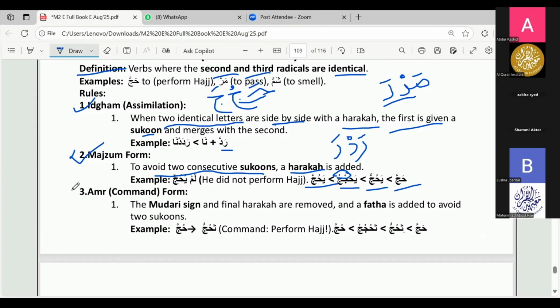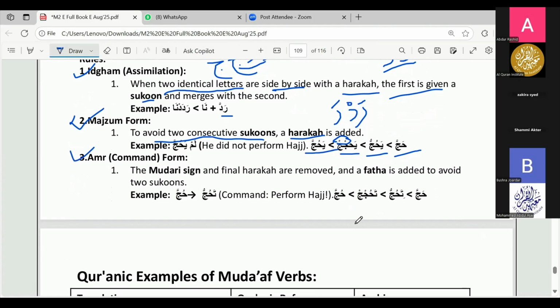The third rule is about amr, or command form. This is pretty simple, same as the mansub. Let's look at this example: the mudari sign and the final haraka are removed, and fatha is added to avoid two sukuns.